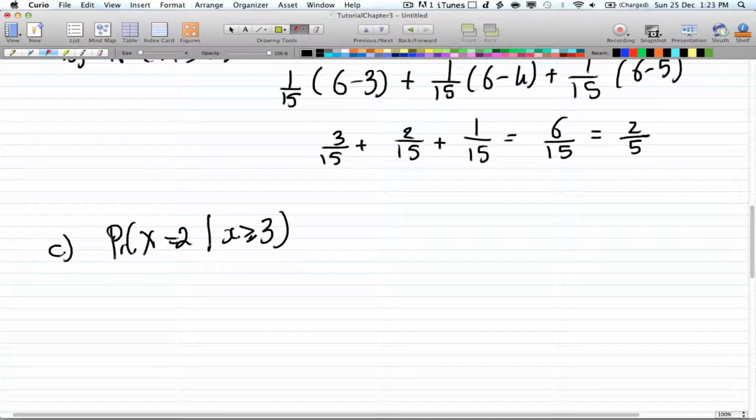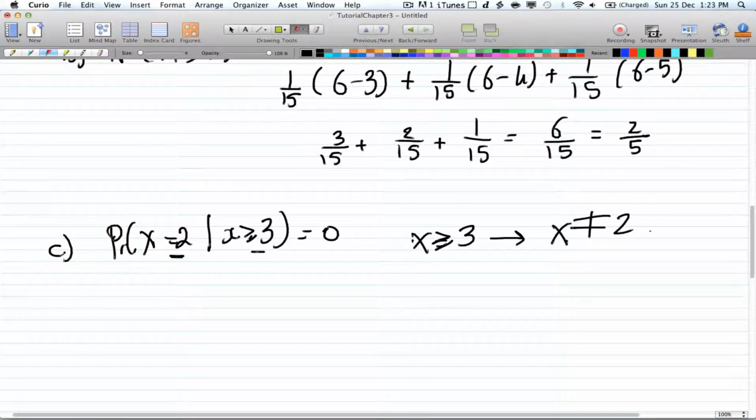Alright, now notice that 2 is smaller than 3. So if x is greater than or equal to 3, then the probability of x being equal to 2 is 0. So this is equal to 0 because if we're given that x is greater than or equal to 3, then that implies that x can never be equal to 2. So that probability is just 0.